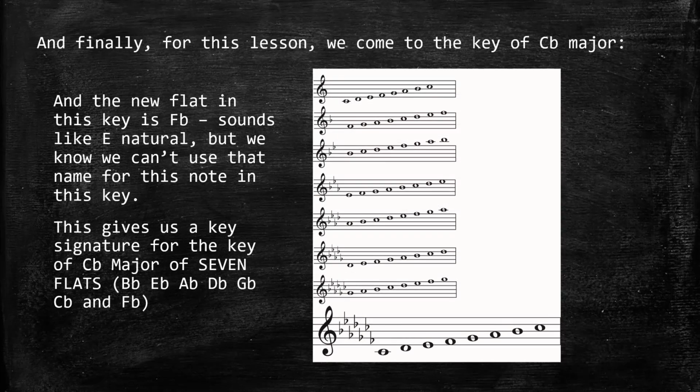And finally, for this lesson, we come to the key of C flat major. And the new flat in this key is F flat. Sounds a lot like E natural, but we know we can't use that name for this note in this key. This gives us a key signature for the key of C flat major of 7 flats: B flat, E flat, A flat, D flat, G flat, C flat and F flat.